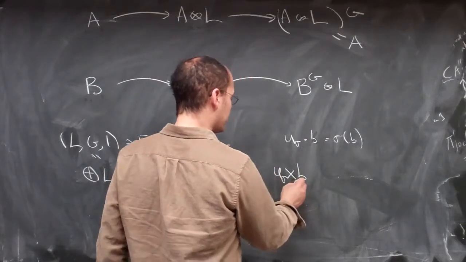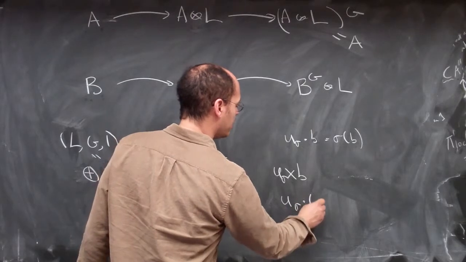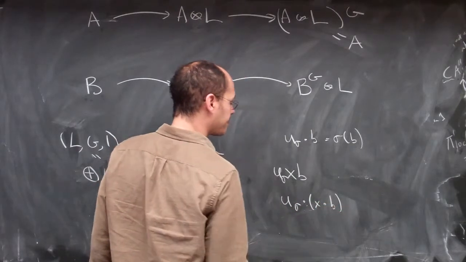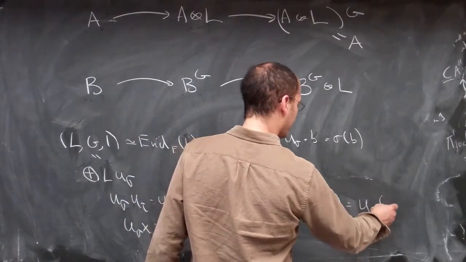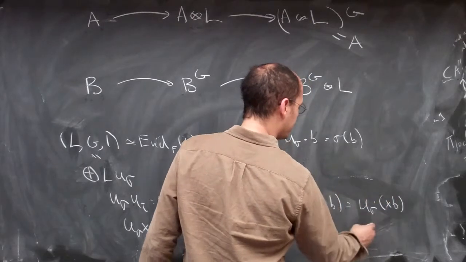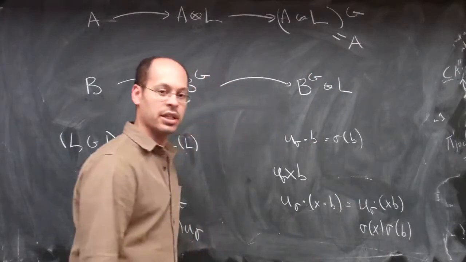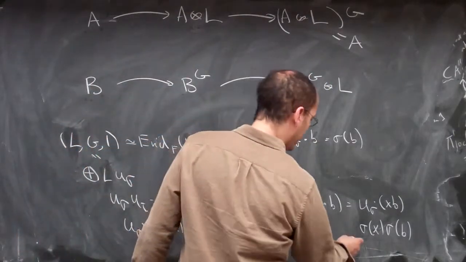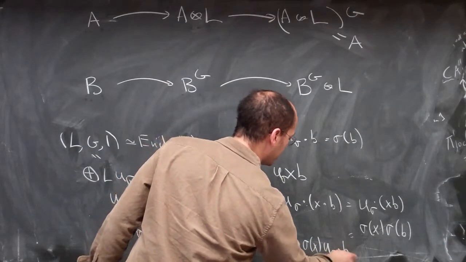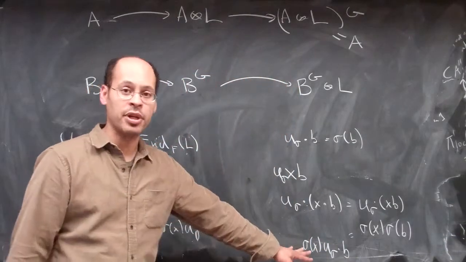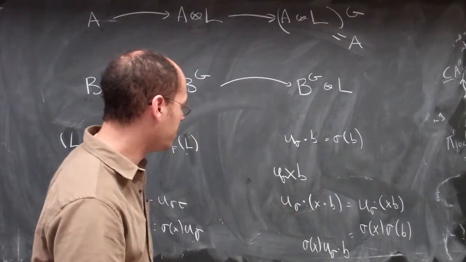What this action looks like, U sigma acting on x acting on b, is going to act by a scalar multiplication, and the action here is via sigma, and the semilinearity exactly tells me that I get this, which if I unpack it is the same as U sigma x acting on b: scalar multiplying by sigma of x, then the U sigma action on b.